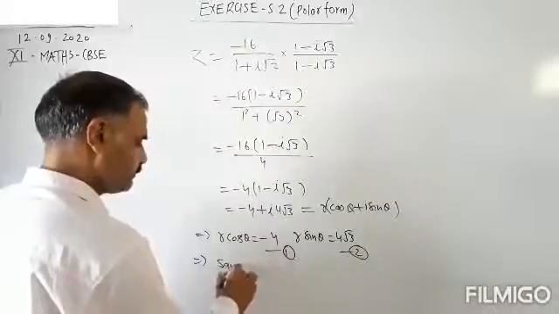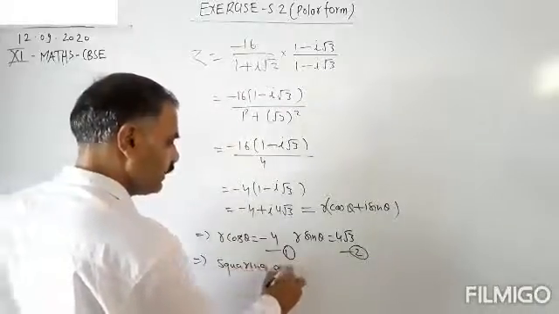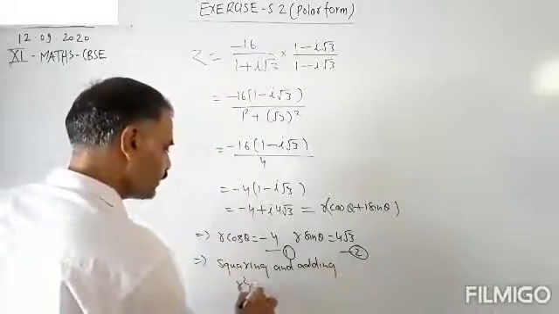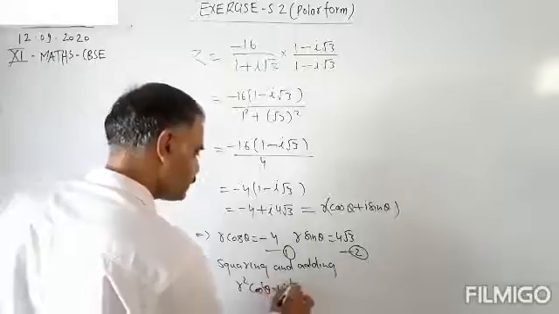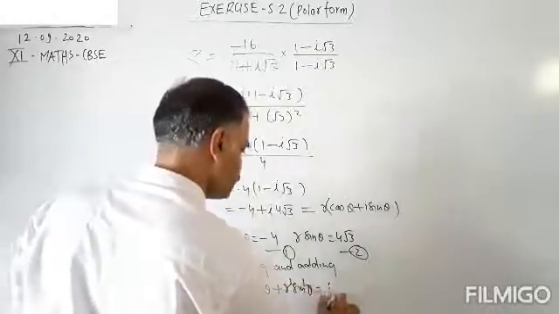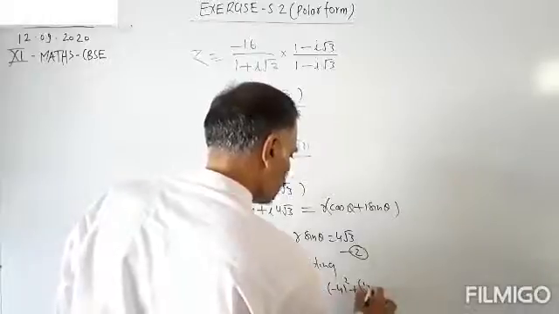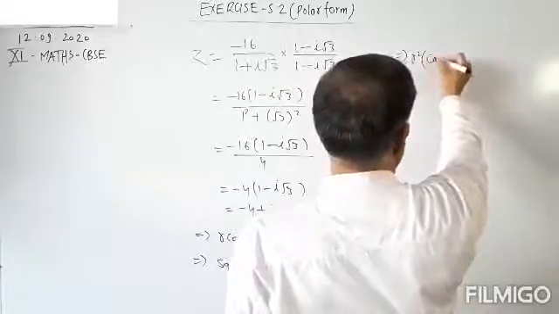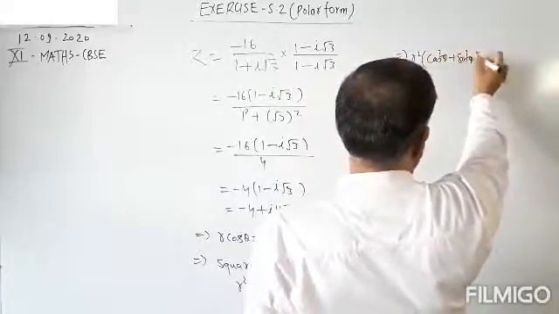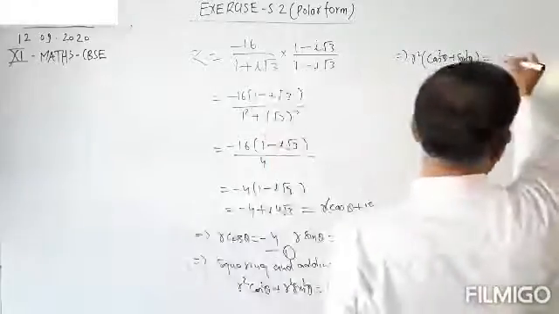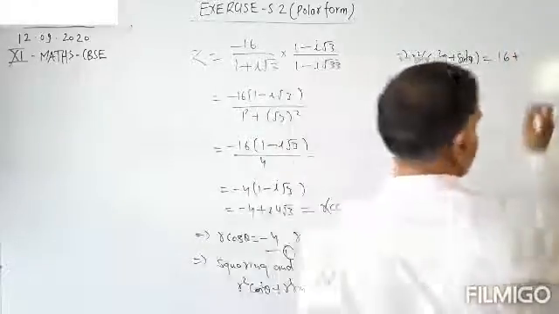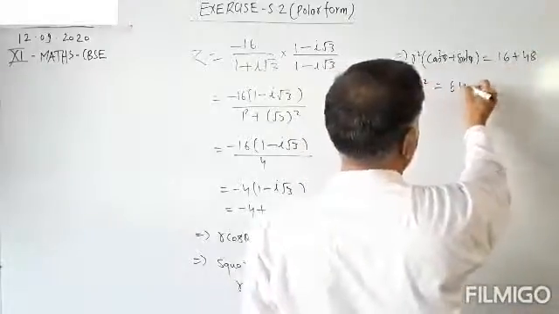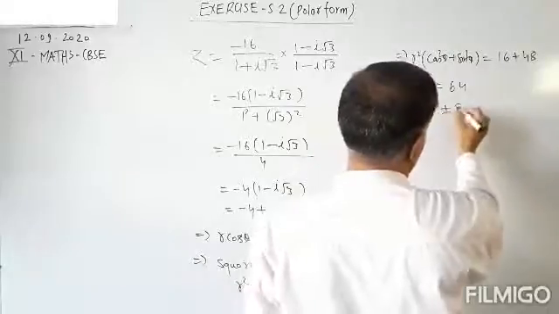Squaring and adding, we get r square cos square theta plus r square sin square theta equals minus 4 square plus 4 under root 3 square. So r square into cos square theta plus sin square theta equals 16 plus 48, that is 64. So r square equals 64, which implies r equals plus minus 8.